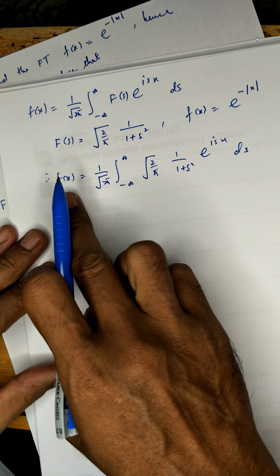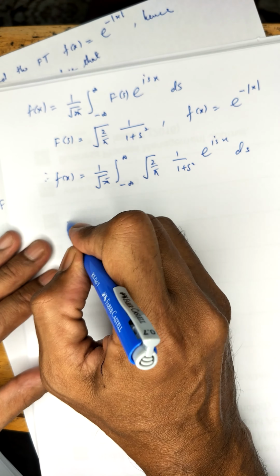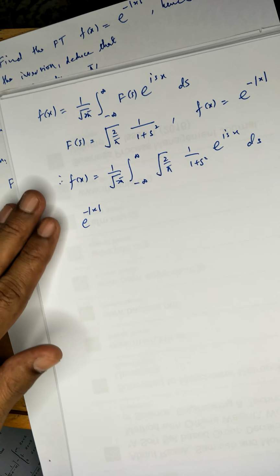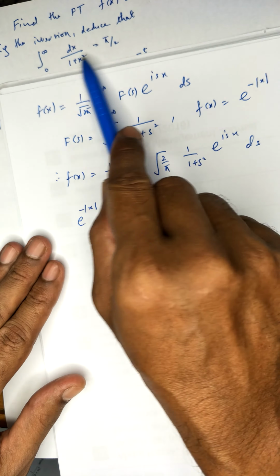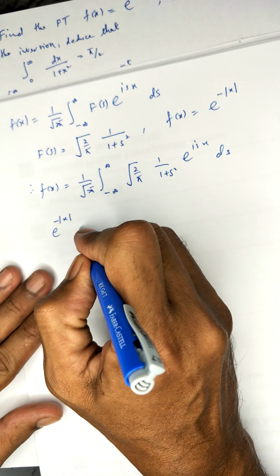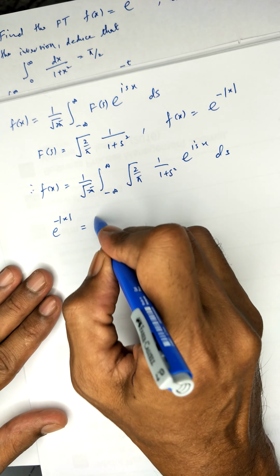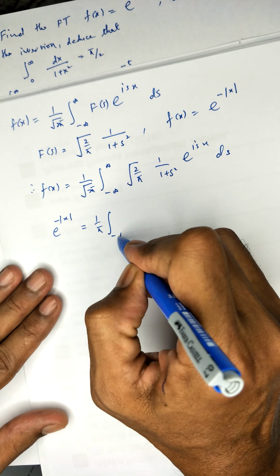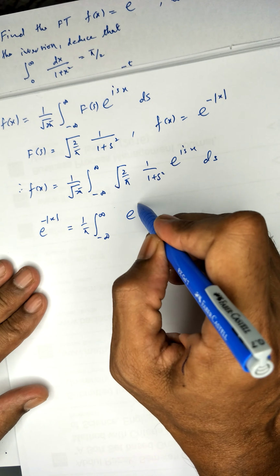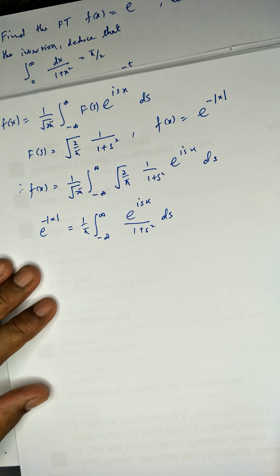Okay, so f(x) is that, on the left side we have that. Remember that we want to deduce the integral from 0 to infinity, all those things. The square roots cancel out, so we have 1 over pi, the integral from minus infinity to infinity of e to the i s x over 1 plus s squared ds, right?